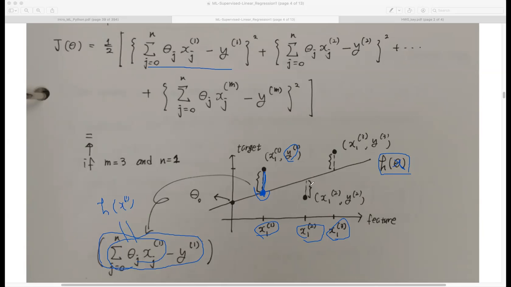So we take a square of this distance for each example, then take a sum and divide by 2. That's the meaning of it.